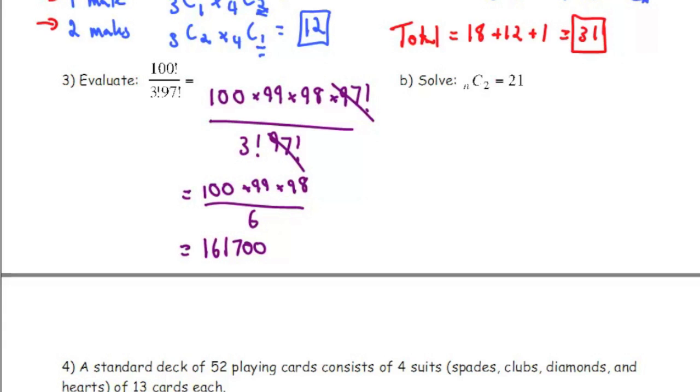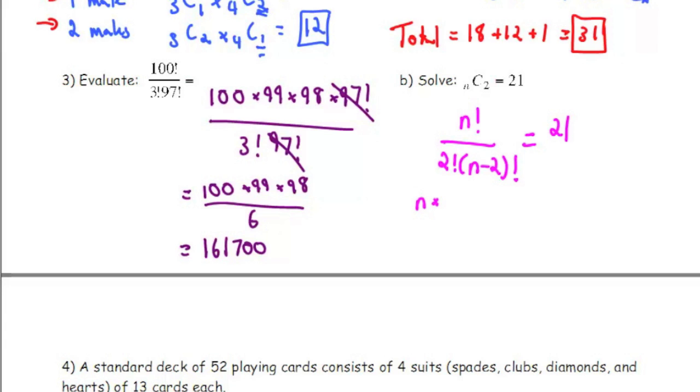Let's say we have question B here, which is solve n choose 2 is equal to 21. Well, shoot, we don't know what n is. We need to solve for it, which means we need to know something about the actual equation we're using. And the actual equation we're using says, again, n factorial over r factorial, but r in this case is 2 factorial, times n minus 2 factorial, and that has to equal 21.